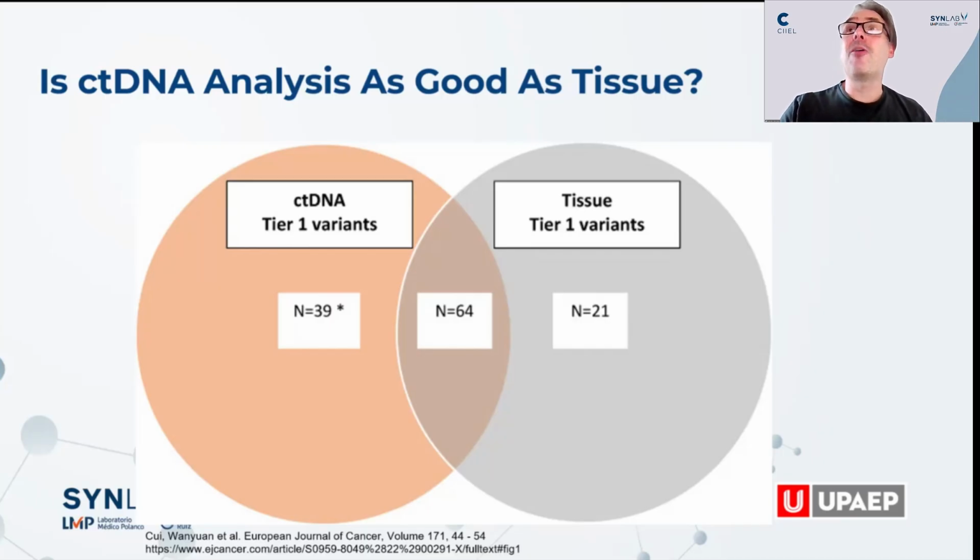You can't make a call on it, particularly if you're using an assay which doesn't give you an estimation of tumor fraction, which not all of them do. In fact, I think it's only really Foundation that does at the moment. So you might see something in there, but you don't really know whether it's actually coming from the tumor or not. That's good. There seems to be a small advantage there to the ctDNA.